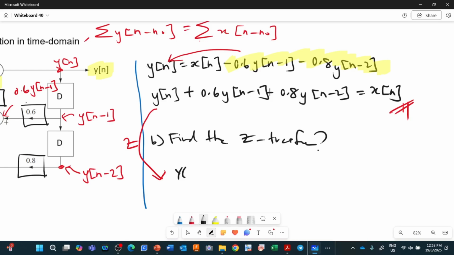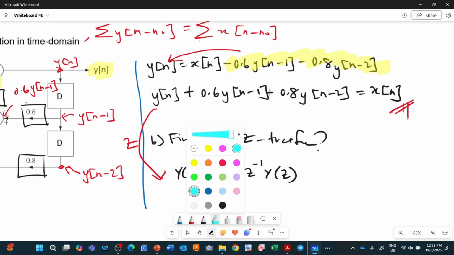So y[n] gives you Y(z). Plus 0.6 y[n-1] is a shifting property. Shifting property, how do you write it? Z inverse 1 Y(z). This one is all shifting property.